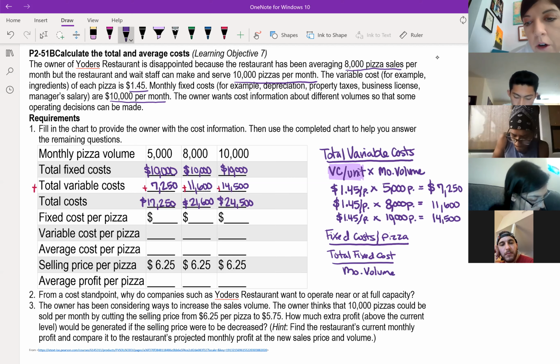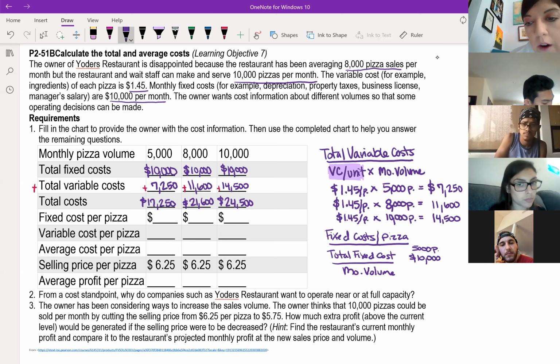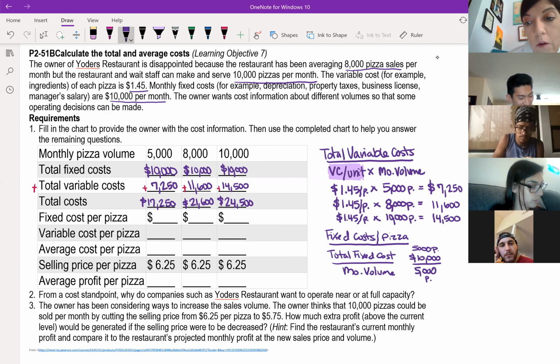So for 5,000 pizzas, we're going to take $10,000 divided by 5,000 pizzas. So on a per pizza basis, the fixed cost will be $2.